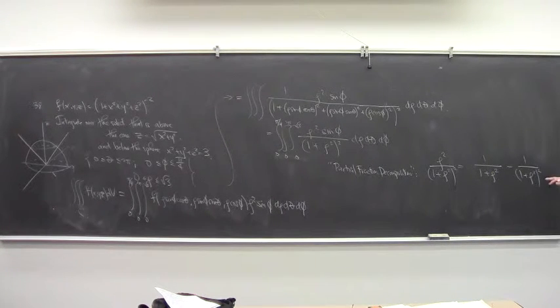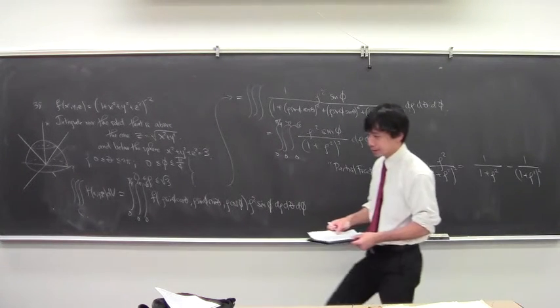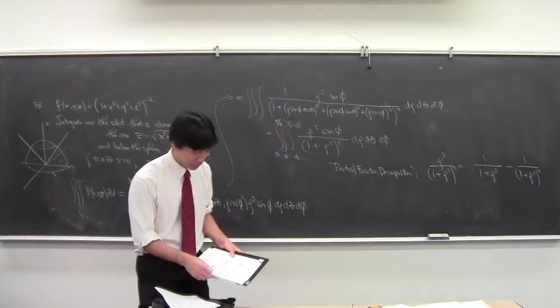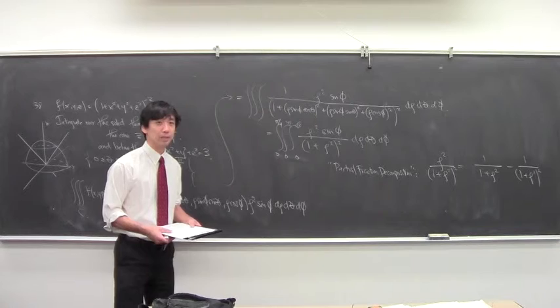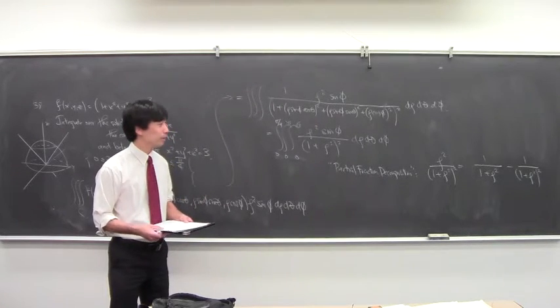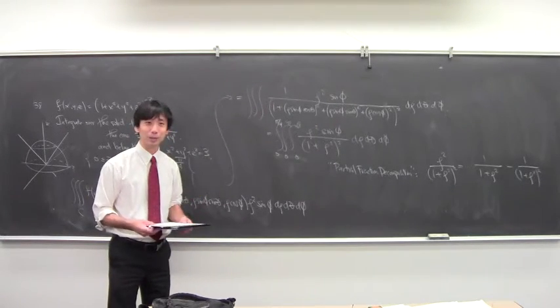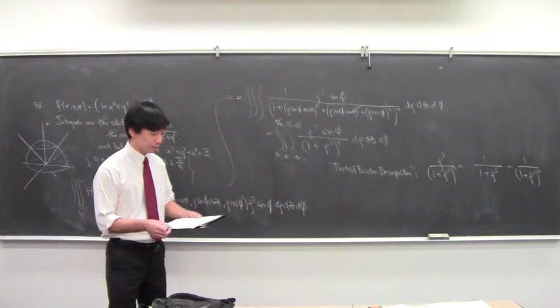And then there are things you can do to integrate these. There may be a few of these in the homework, but I'm not going to test you on them. That's prior knowledge.